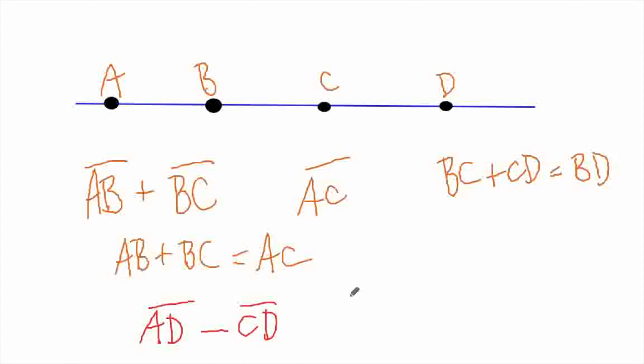If you did that, I hope you can see that you would have a stick that's basically the same as AC. So lengthwise, if I measure the length of AD and I subtract the length of CD, then that's going to be the same length as the line segment AC.